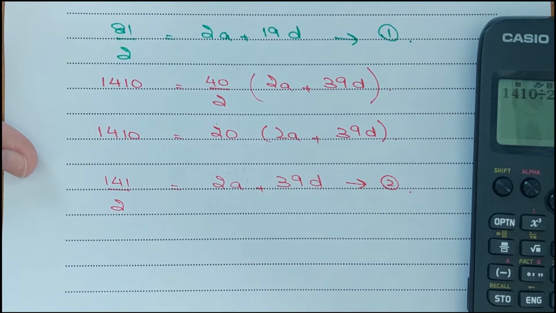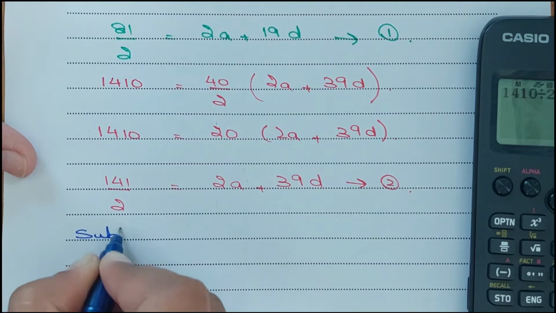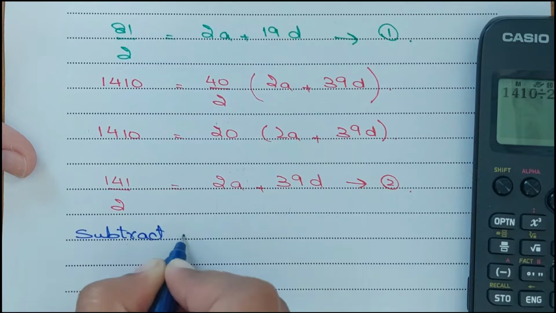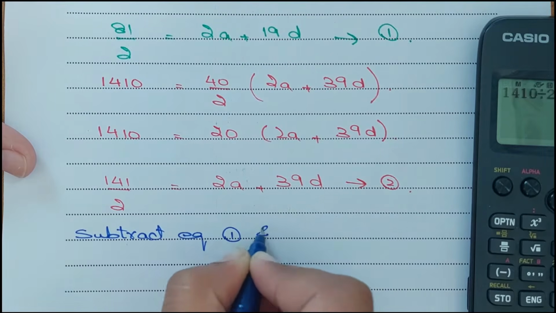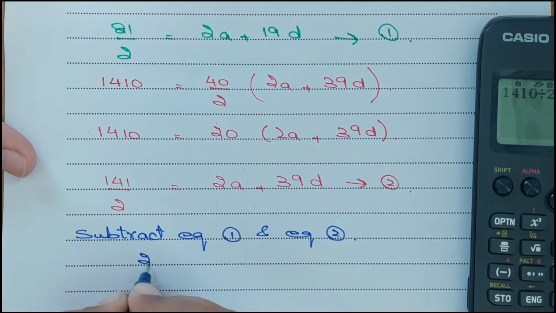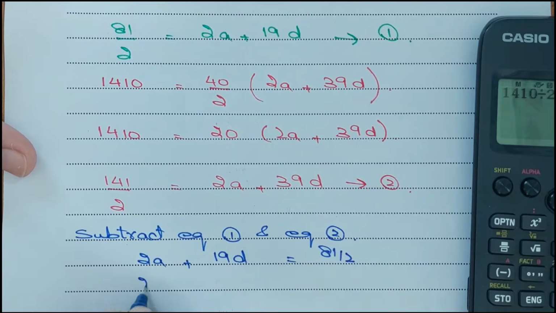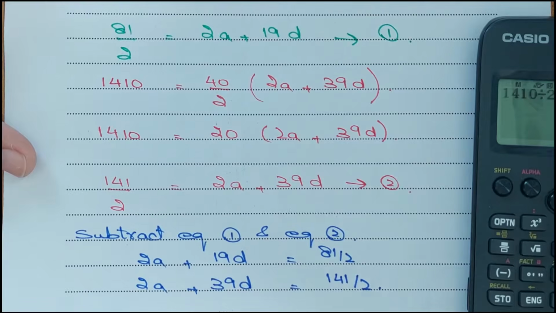Let me subtract equation 1 and equation 2. We will get the d value. We have 2a plus 19d equals 81/2, and the other equation is 2a plus 39d equals 141/2. So when we subtract, we have to change the signs.